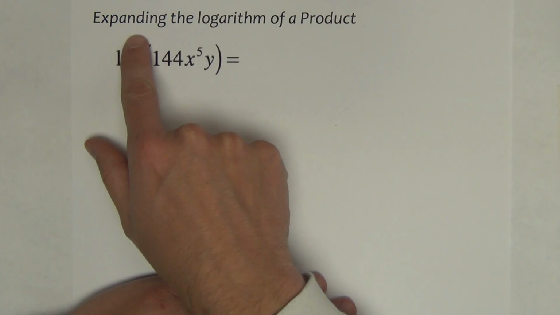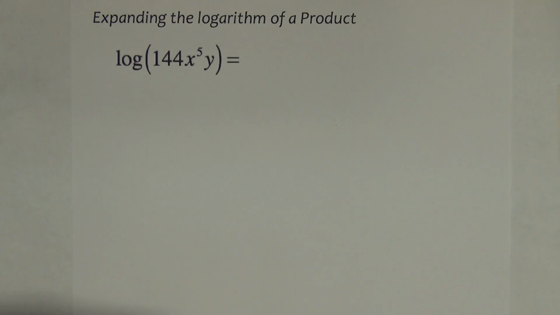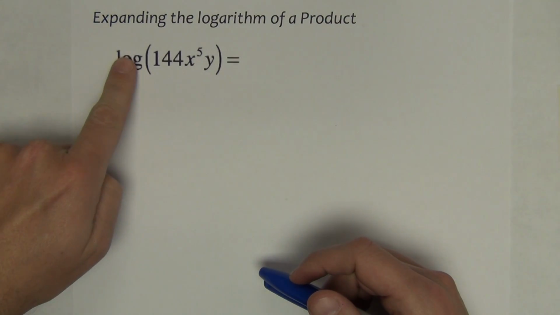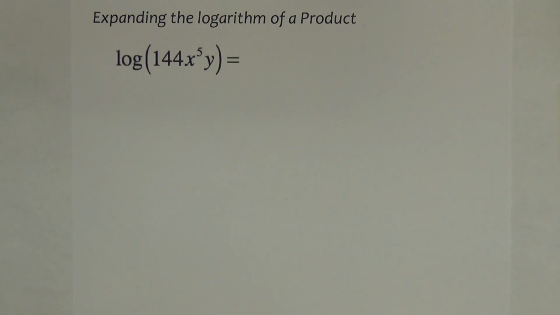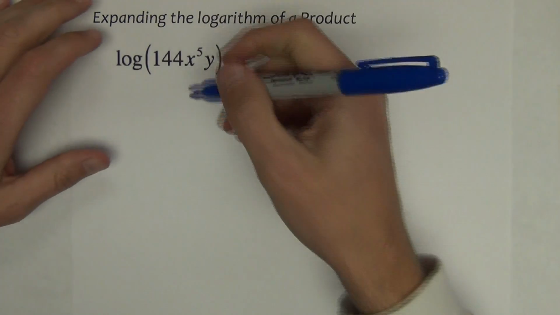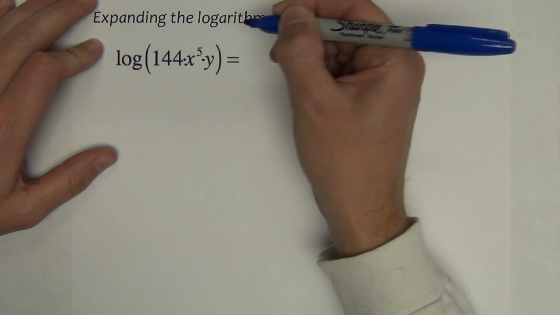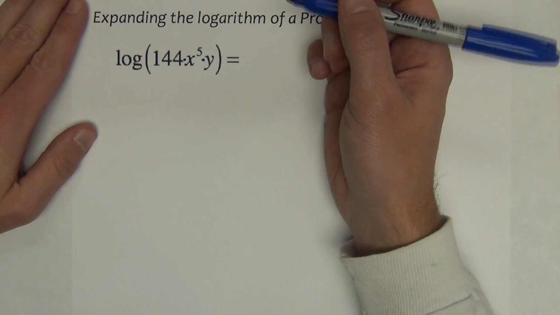Okay, the directions on this first problem say expand the logarithm of a product. So what we're trying to do is write this single logarithm as multiple logarithms, okay? And we're going to expand this everywhere we see a product. So here we've got a product there and a product here. This is that first property, the product property, illustrated.